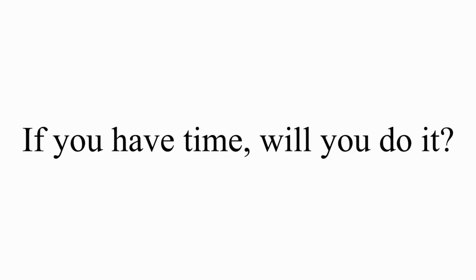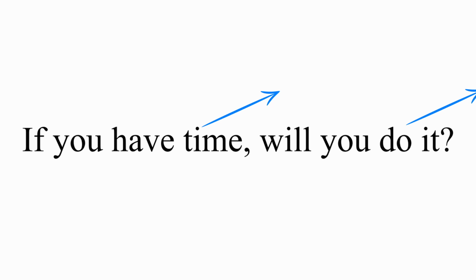Just like we saw with the or the list, how I said you could look at it as rise, fall as one piece, or you could look at it as rise and fall as two separate pieces. With a conditional statement, what happens if I say, "If you have time, will you do it?" Now the second part is a question, but now it's not rise and then fall, it's rise and then rise.